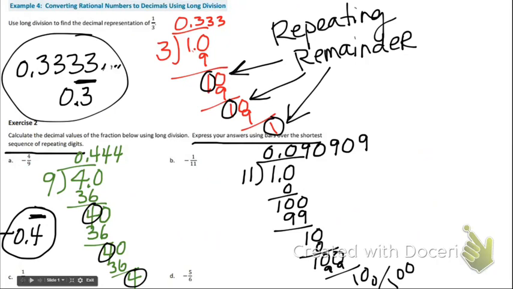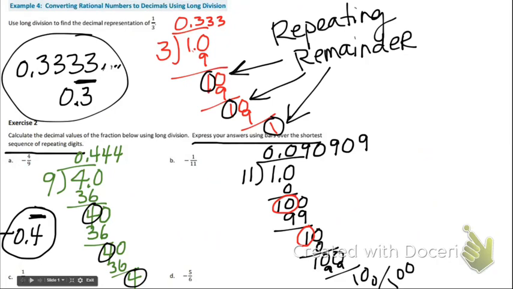Okay, now over here with my -1/11, you can see what happens here. Interesting in the sense that I have actually a 10 remainder here. Then my remainder goes down to 1.